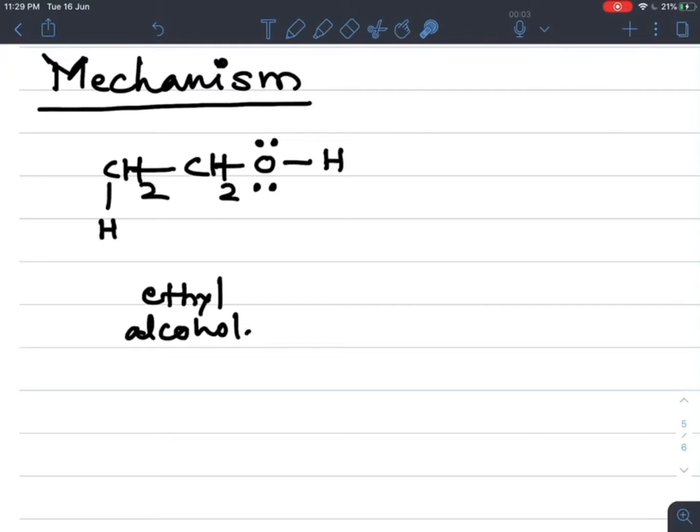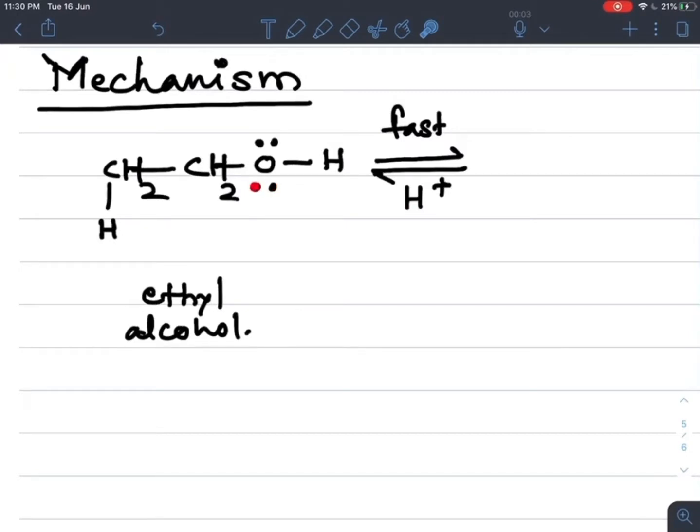To break this bond easily, concentrated H2SO4 plays a very important role. That is the first step, a fast, reversible step in the presence of concentrated H2SO4. So I can write H+ on the arrow. This H+ gets added or bonded to this OH using this pair of electrons.